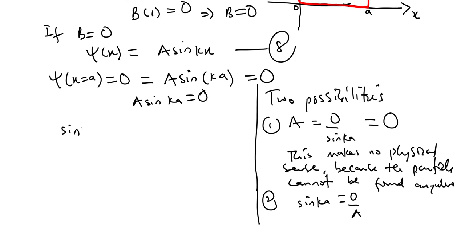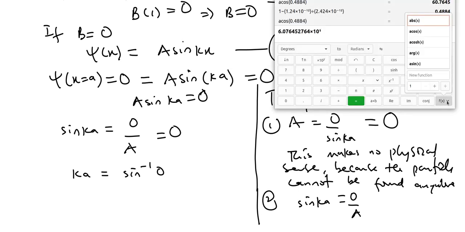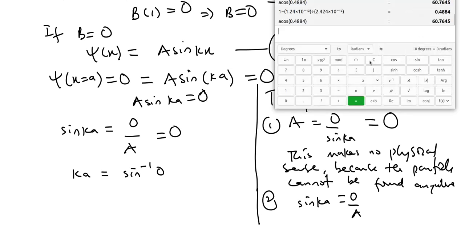So we have sine Ka equals 0 over A, which is 0. If sine Ka equals 0, it means Ka will be arc sine of 0. Now, what is arc sine of 0? Arc sine of 0 is 0.